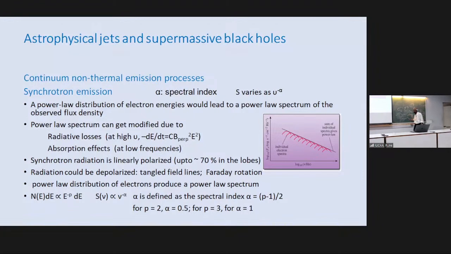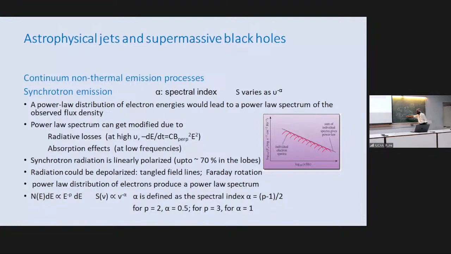A detailed theory can work it out, but just to give you an idea: all these lower energy electrons, although they are emitting less power each, will add up and give you more flux. There are fewer electrons over here, and accordingly you will get less emission, although because of the higher frequency or higher energy, they are radiating more energy.